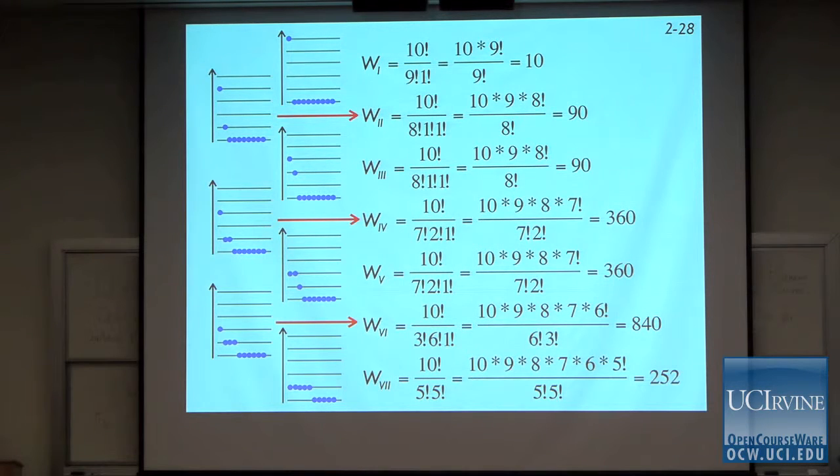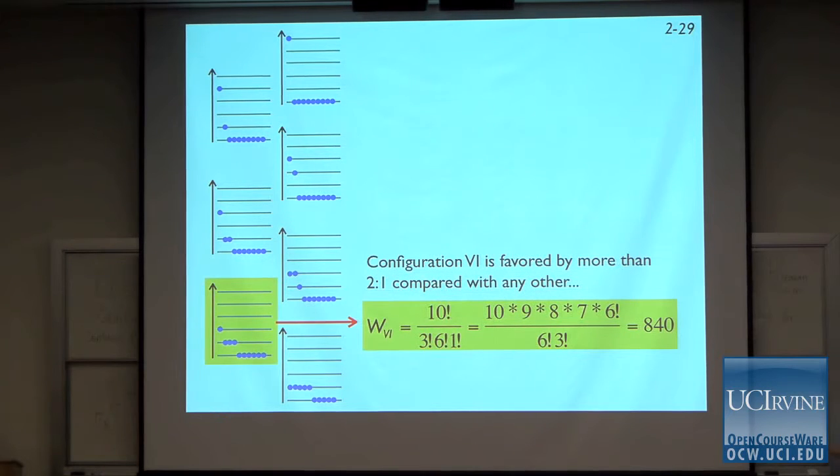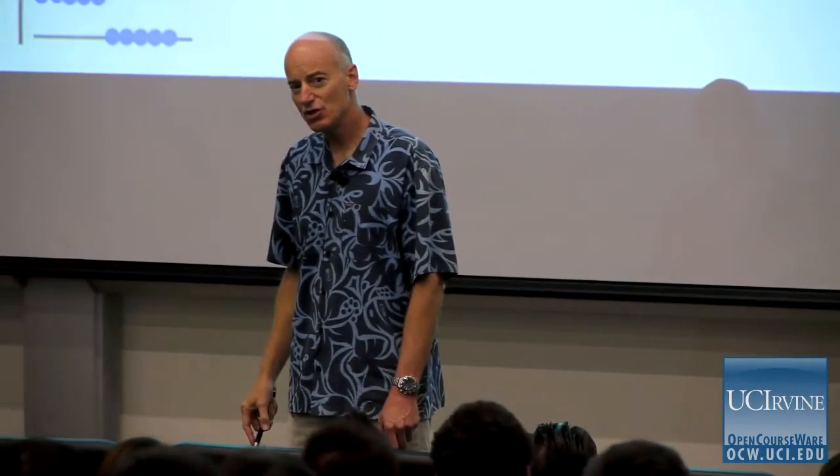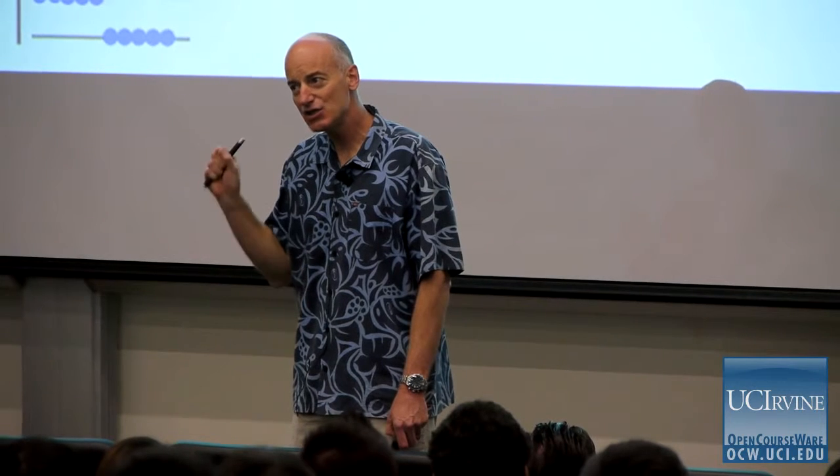What's profound about this? Well, that number is bigger than all the rest of these numbers. Configuration 6, it's just randomly labeled 6, 6 doesn't mean anything. It's favored by more than 2 to 1 compared with any of these other configurations. It's special.